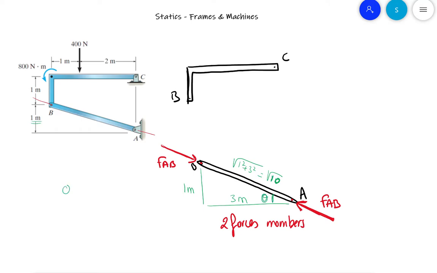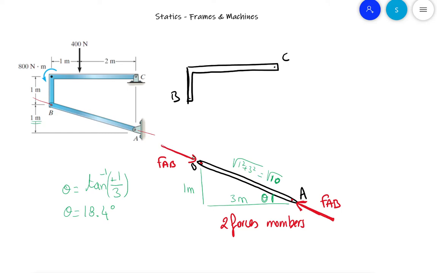This angle theta is equal to the inverse tan of 1 divided by 3, so opposite side divided by adjacent side. 1/3 gives 18.4 degrees, this theta there.